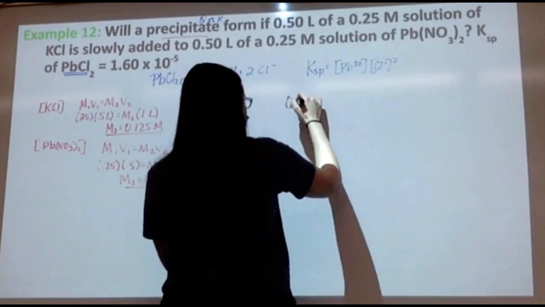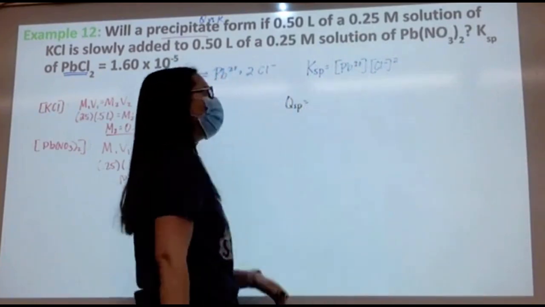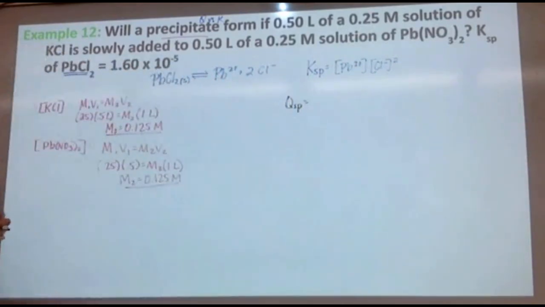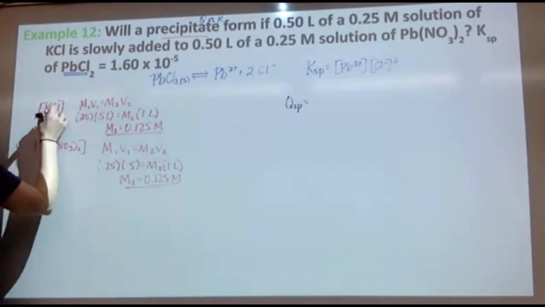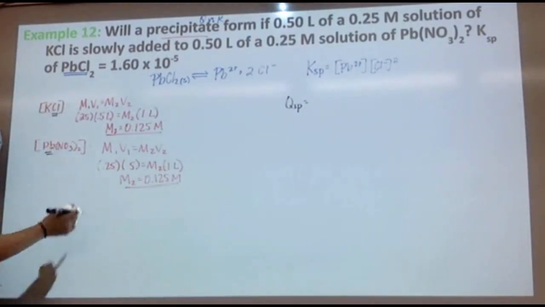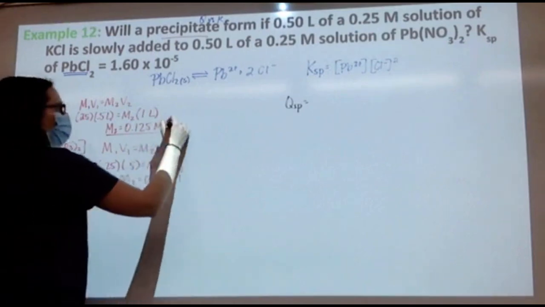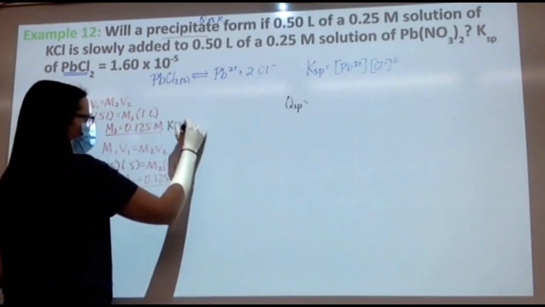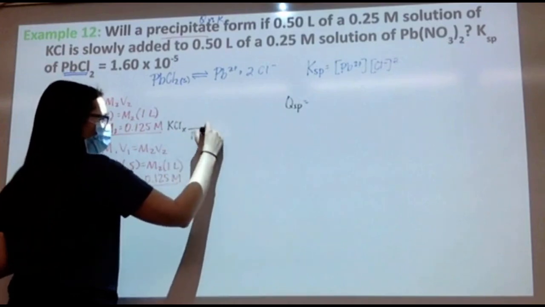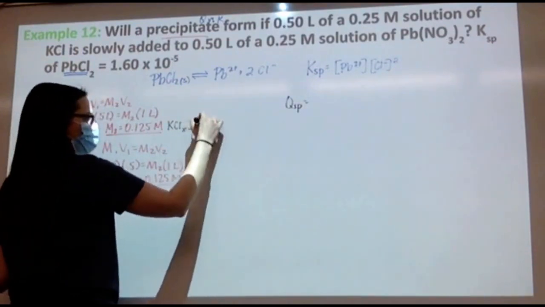So Qsp, right? It's no longer K. We don't know if we're at equilibrium. We're using the concentrations that were given to find the ions. Now this is KCl, just in case you want to see the ratio. For 1 KCl, there is 1 Cl-.